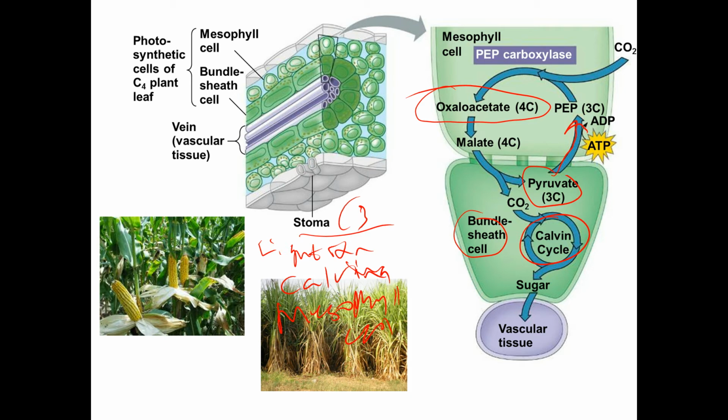Your C4 plant carries out the light reaction in the mesophyll cell and carries out the Calvin cycle in the bundle sheath cell. So there's a different location for where these two processes take place in your C4 plants. Now, your C4 plants are things like corn and sugarcane, for instance.